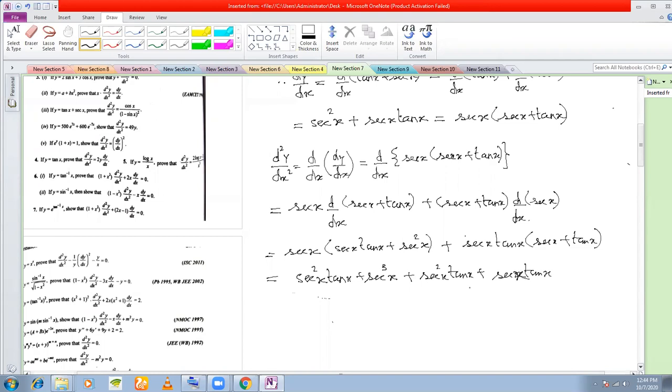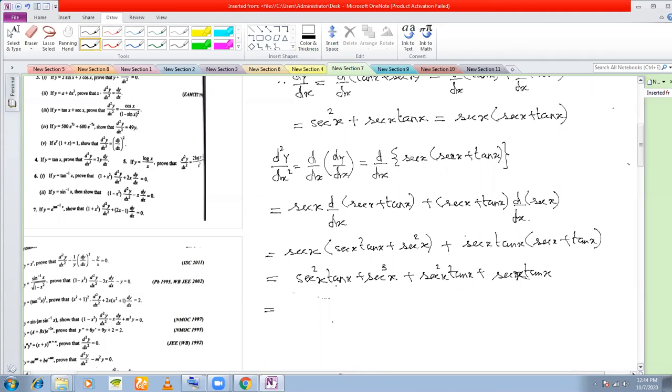Okay, so now from here you have to prove that d2y/dx2 is equal to cos x by (1 minus sin x) whole square. So you need to prove that this expression is nothing but cos x by (1 minus sin x) whole square.